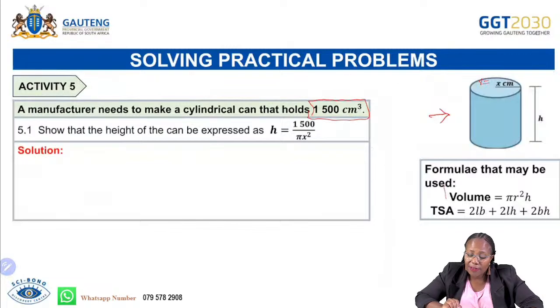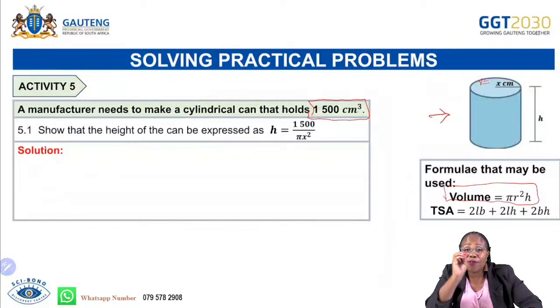Therefore, you are given the volume of that particular container. You start from the given to unknown. So what is given to us is the volume. So we are going to use the formula of the volume, which is pi r squared h.